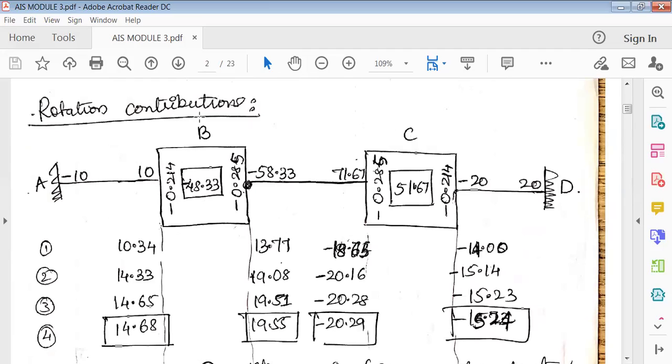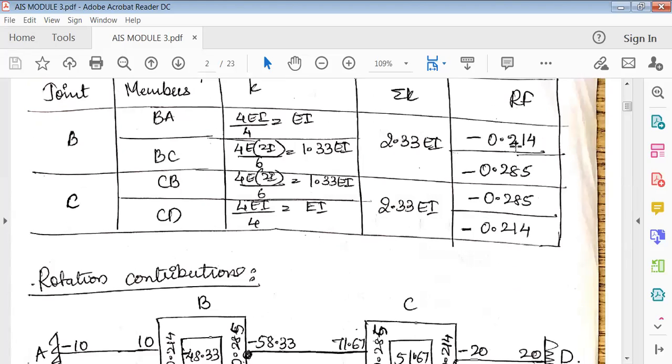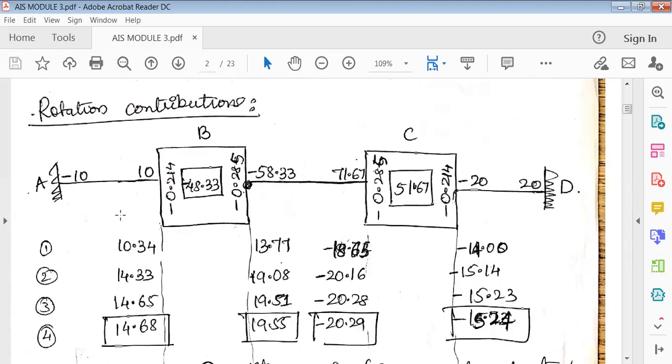See here, B. When you split this B here, if you cut this exactly half, left of this B becomes BA, right of this B becomes BC. So now this is BA. Whatever is the rotation factor here, mark it here. So it is minus 0.214.